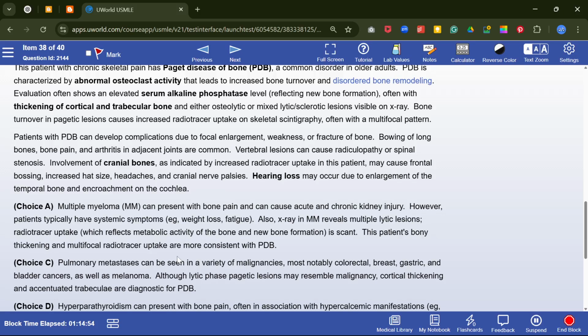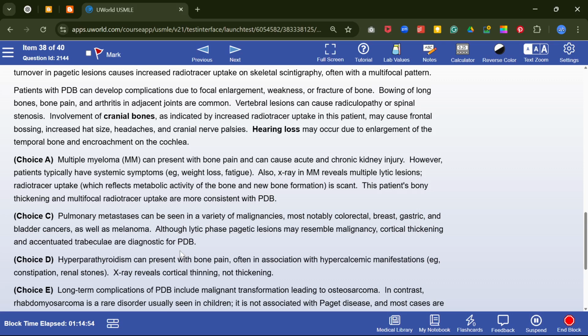Also, X-ray in multiple myeloma reveals multiple lytic lesions, and radiotracer uptake, which reflects metabolic activity of the bone and new bone formation, is scant. This patient's bony thickening and multifocal radiotracer uptake are more consistent with Paget's disease of the bone.